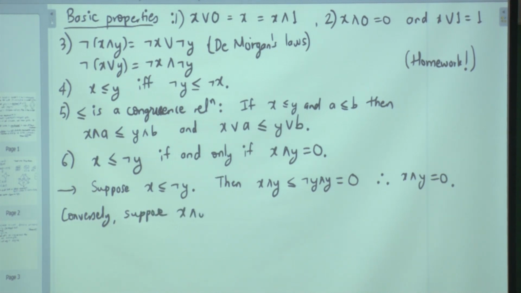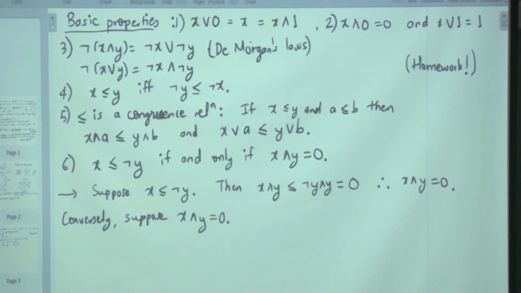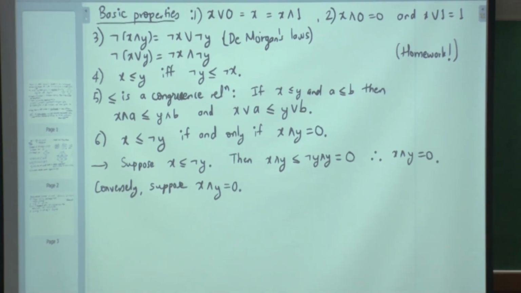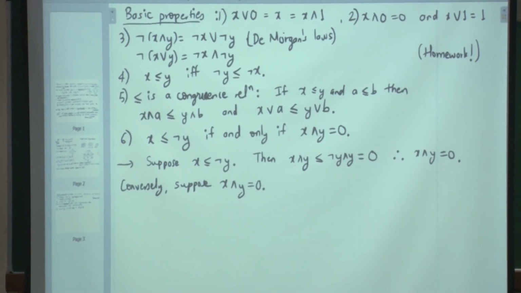Conversely, suppose x meet y is equal to 0. Then how do we prove the other side? Any ideas? Think.